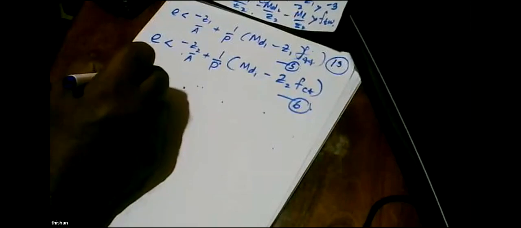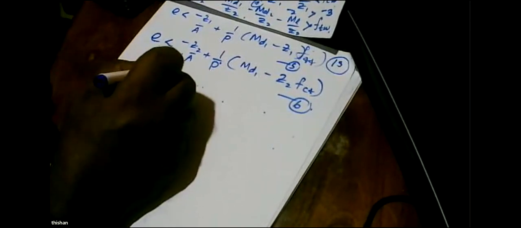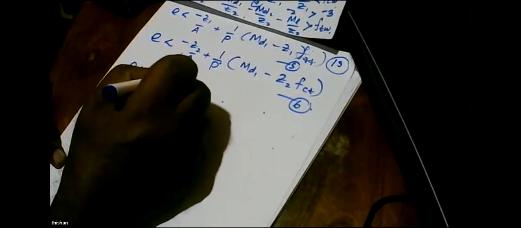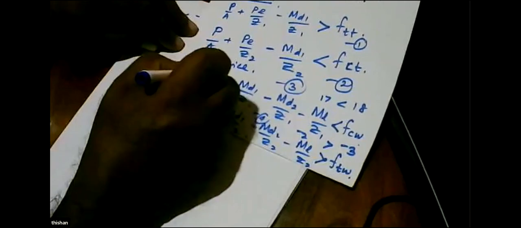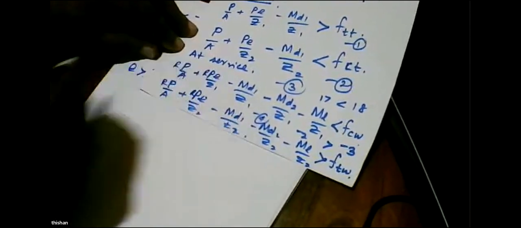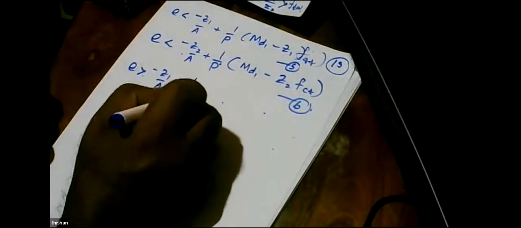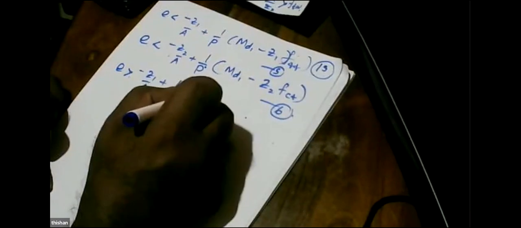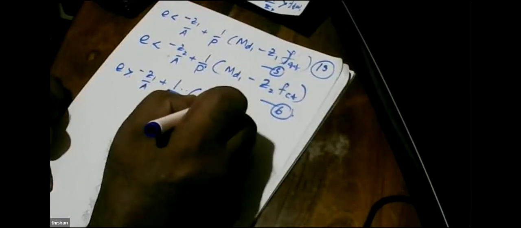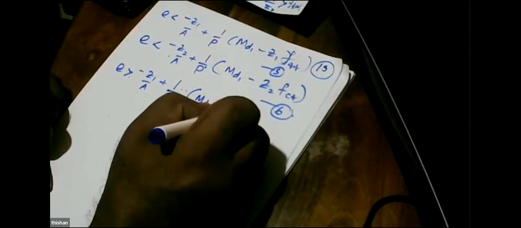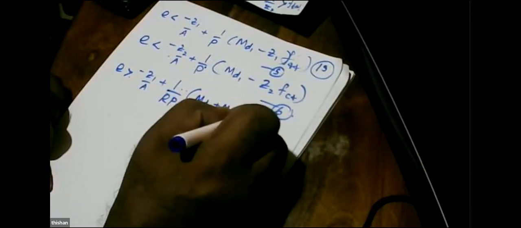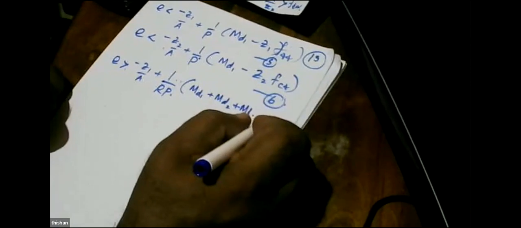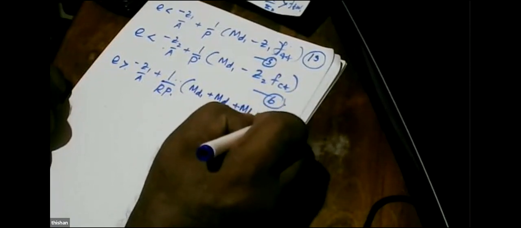Now, if you look at the last two equations, you will find E should be greater than minus Z1 over A plus 1 over RP. When I am writing, I should have written RP because we have the losses under service. So you get 1 over RP times MD1 plus MD2 plus ML minus Z1 FCW.